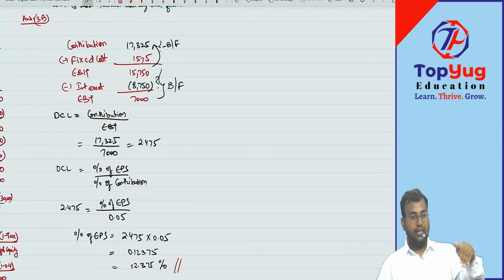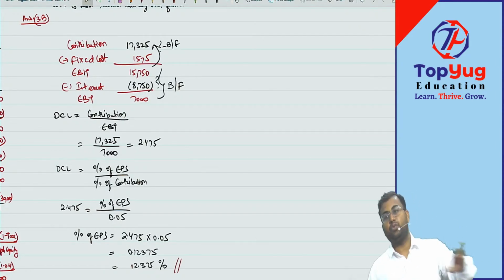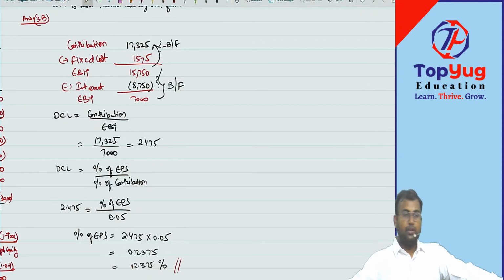EBT, EAT and then EPS. If there is no change at EBT level, tax level, or number of shares level, the same percentage change will continue. So if 10% change happens at EBT, the same 10% change will happen at EPS also.